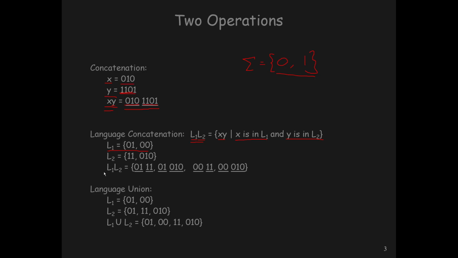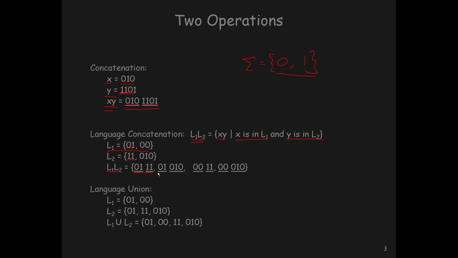The concatenation of L1, L2 is the set of all possible concatenations of two strings where the first string is from L1 and the second string is from L2, right? So here's the first string, which is 0, 1 with 1, 1. So that gives you 0, 1, 1, 1.